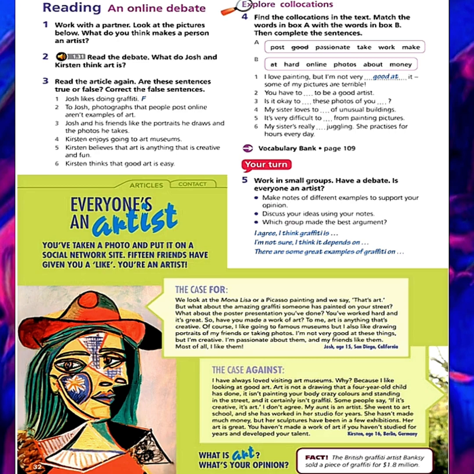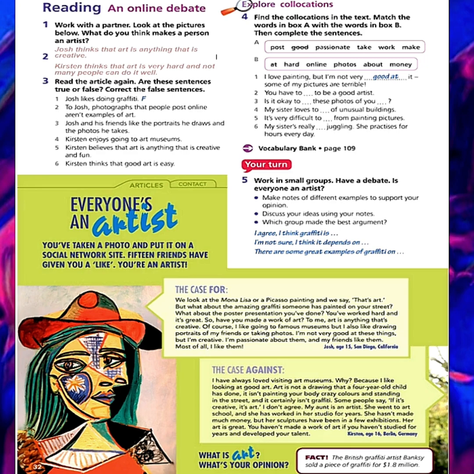She hasn't made much money, but her sculptures have been in a few exhibitions. Her art is great. You haven't made a work of art if you haven't studied for years and developed your talent. Kirsten, age 16, Berlin, Germany. What is art? What's your opinion? Fact. The British graffiti artist Banksy sold a piece of graffiti for $1.8 million.